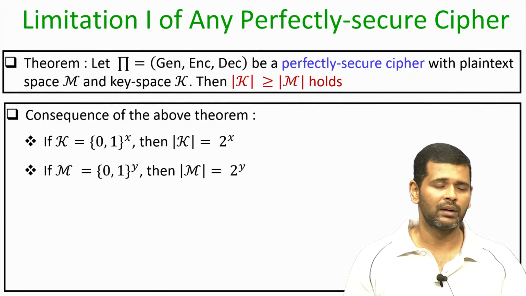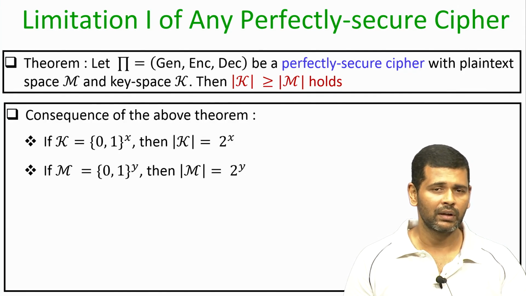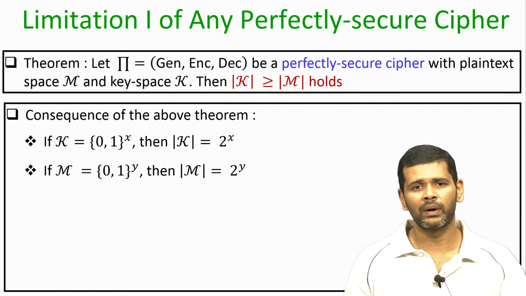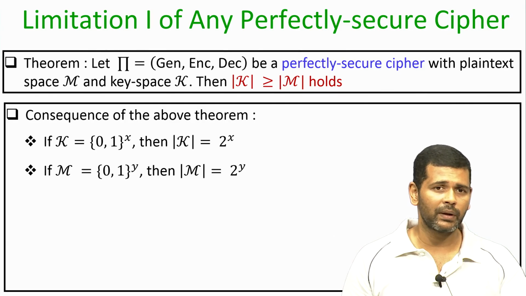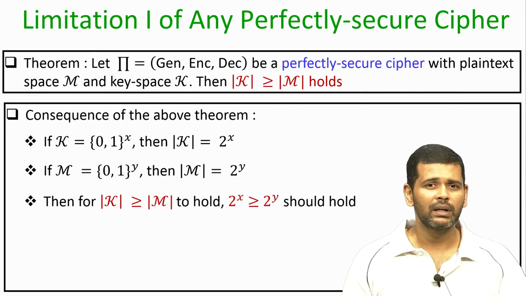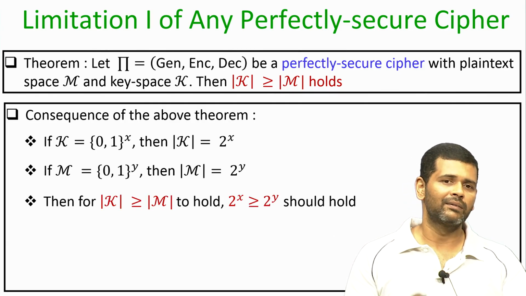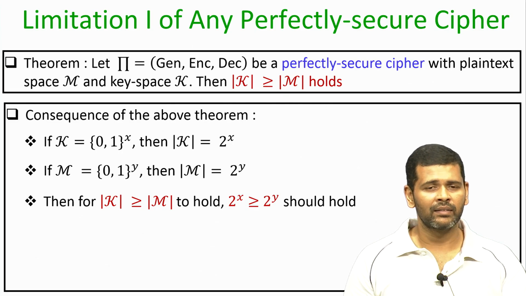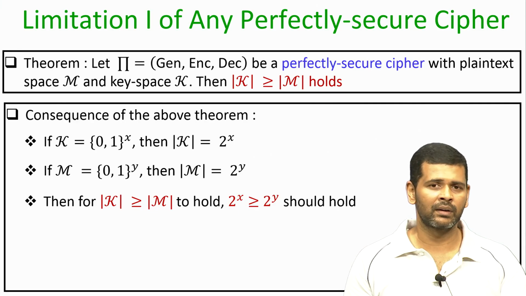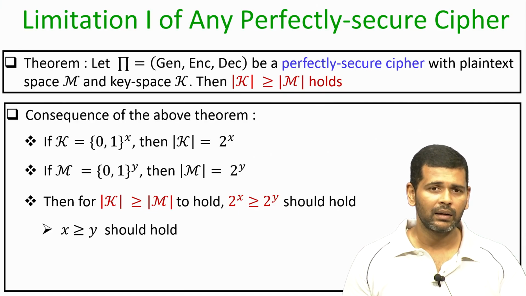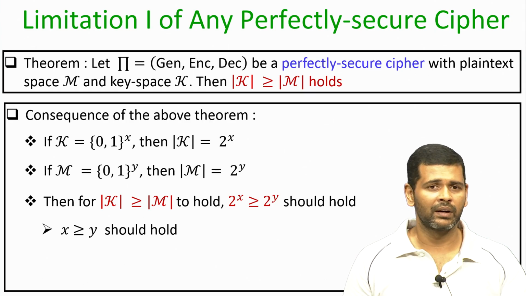That means the plain texts have to be y bit strings, and as a result, the cardinality of my message space is 2 to the power y. Now, as per this theorem, if my scheme is perfectly secure, I need the cardinality of the key space to be at least as large as the cardinality of the message space. That means 2 to the power x should be greater than or equal to 2 to the power y, and as an implication of this, I get the fact that x should be greater than or equal to y.